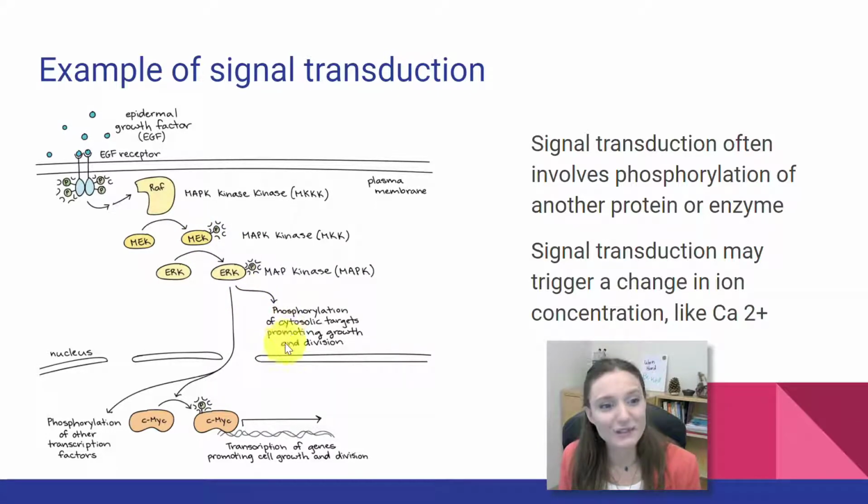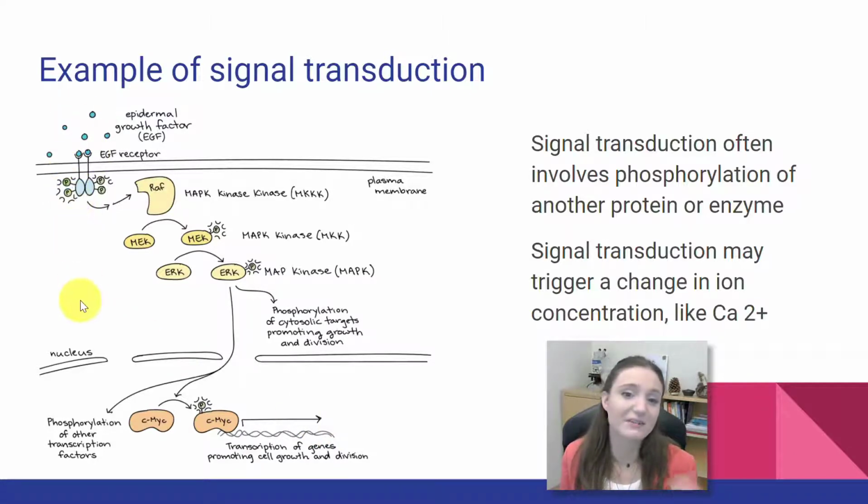And eventually, what happens in this example, it ends up activating what we call a transcription factor. We don't need to know that for right now, but that basically turns on a gene, and it turns on the gene that promotes cell growth and division. So it increases the rate at which cells grow and divide, which means that now we can start to heal that cut that happened, right?